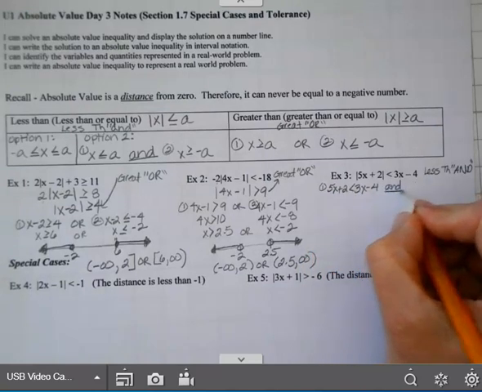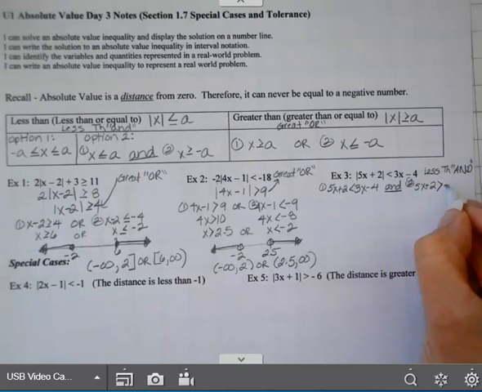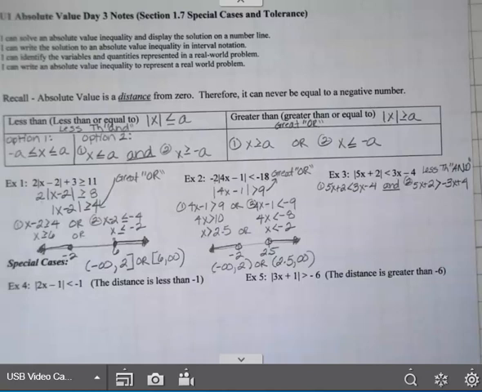And my second one is 5x plus 2 is, reverse your inequality, so greater than, take the opposite of the other side, so negative 3x plus 4. You have to take the opposite of everything.